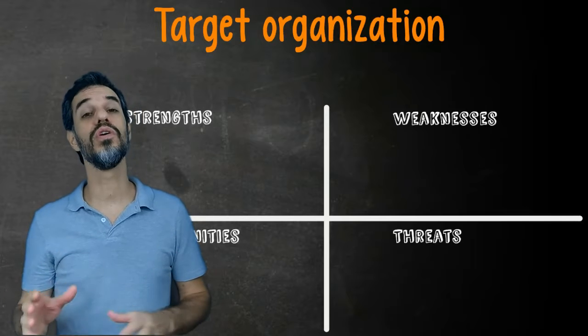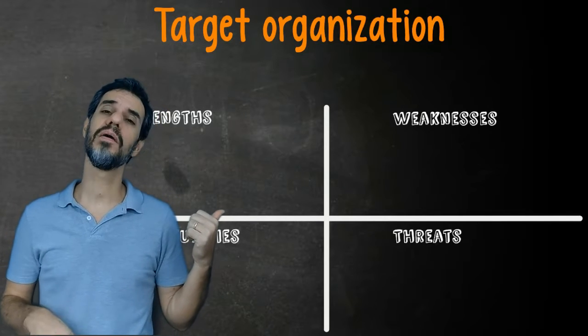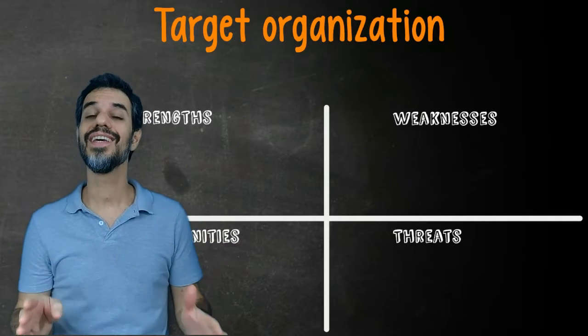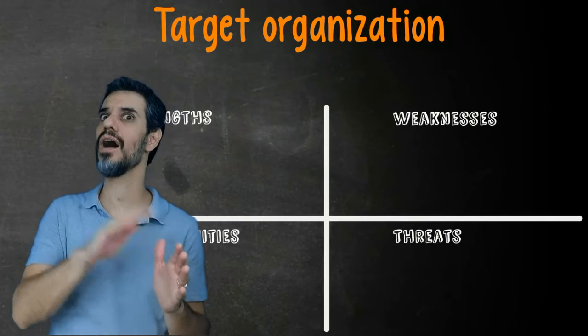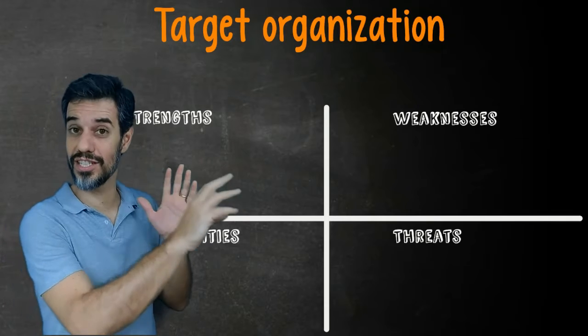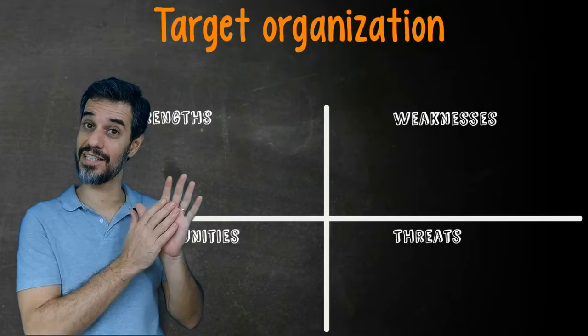The scope you are going to use in a SWOT matrix may depend on your situation. The important thing is that you know what is inside the scope and what is outside the scope. That is what the target organization means. What is your scope of analysis?